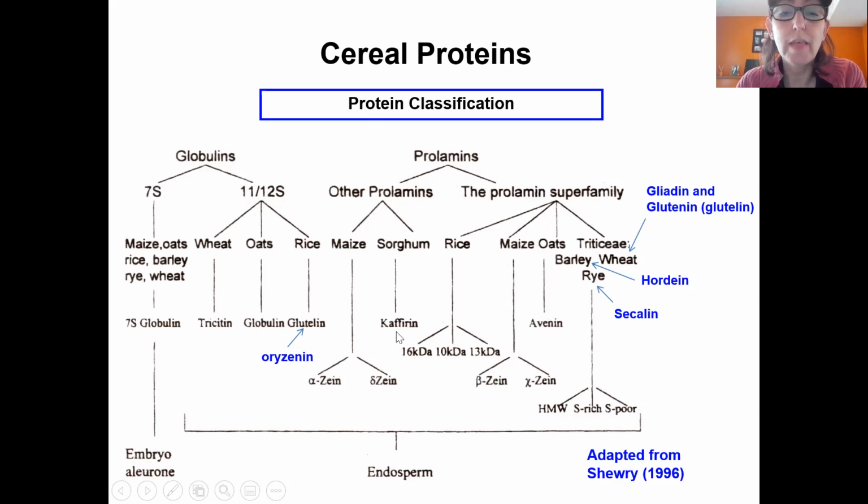In sorghum, you have kafirin, in rye, secalin, in barley, hordein. So these are the different prolamins in the different cereals. Of course, you don't have to remember the names, but if you see them in literature, now you know what they are.